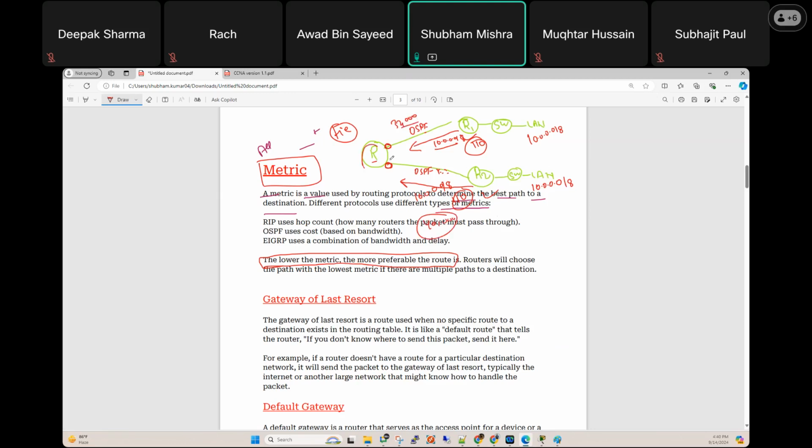Now tell me, will this main router prefer the 10th network via R1 or via R2? The answer is R1. Why? Because via R1, this router is receiving a metric value of 32,000, but via R2, a metric value of 40,000. And according to the rule, the lower metric is always preferred. So this router will prefer the 10th network information via R1.